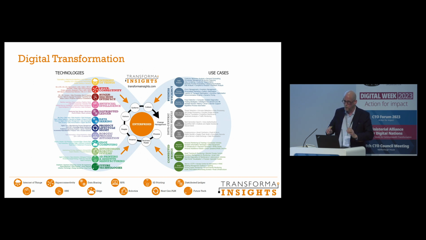So on the left-hand side, what we have is a set of enabling technology areas. Internet of Things being a very significant one that's very close to my heart, because that's really where I've been working for the last 10 or 15 years. But also things around, I mentioned artificial intelligence. Can we use AI to better address environmental related factors?